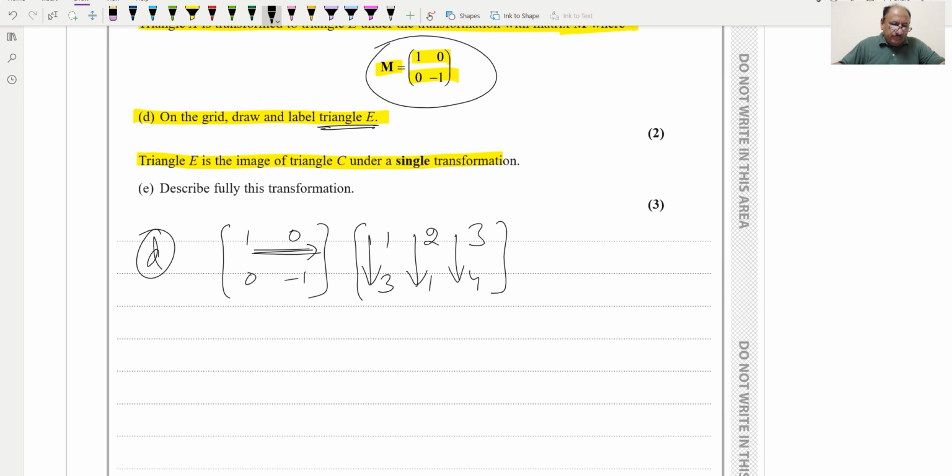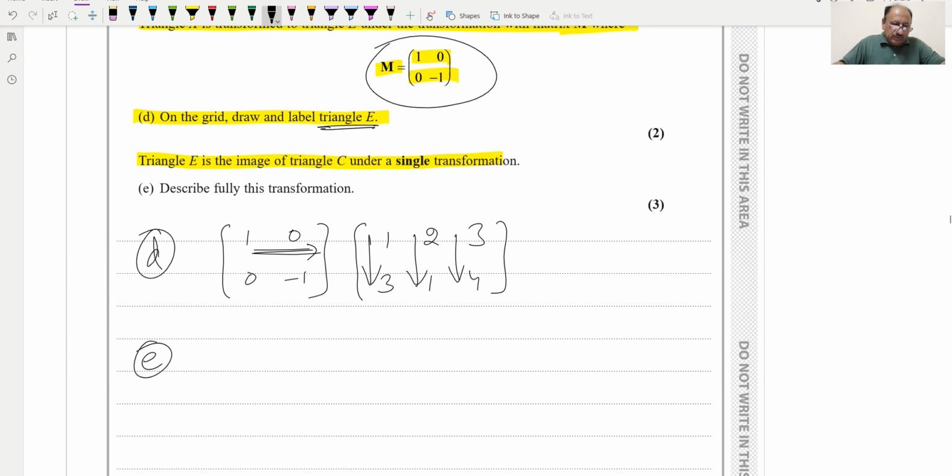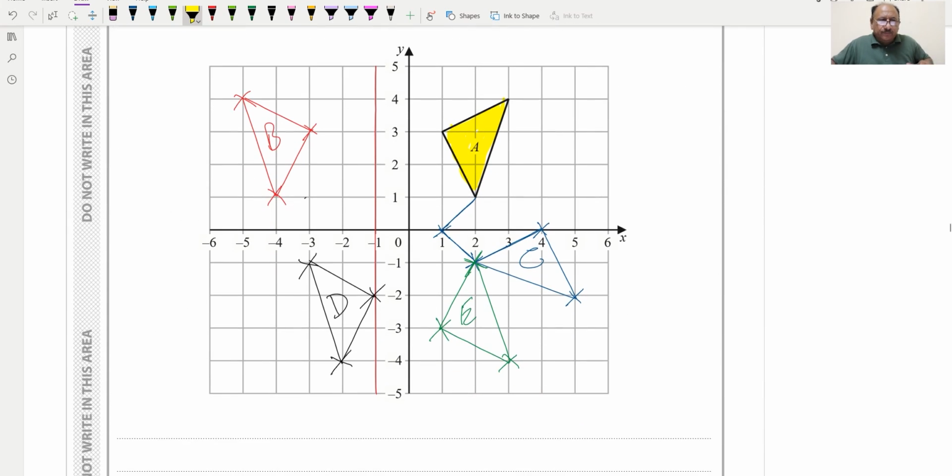And now E part is what? E part is describe fully the single transformation. E is the image of triangle C under single transformation. So that is, if we check this, E is image of C. So we can draw a straight line.